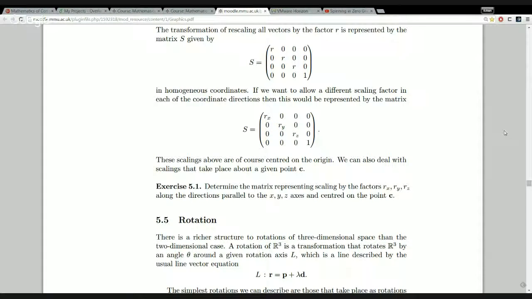So I've got the origin over here somewhere, but there's some other point C, and what I want to do is rescale around C by a factor R. So let's say if I had R equals a half, I'd like to move this point X to this point here. It's a half closer to C.